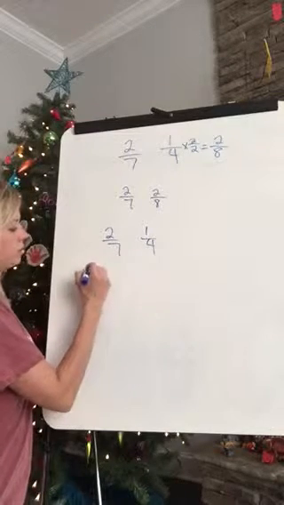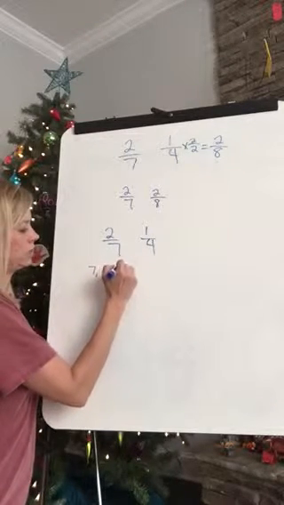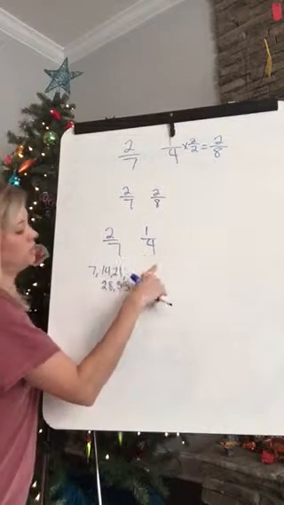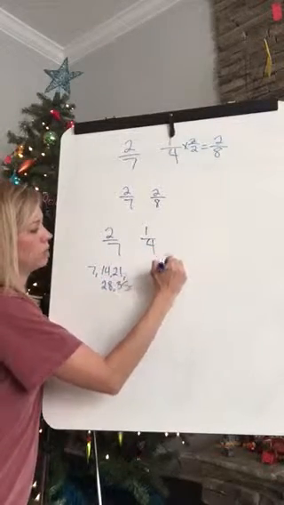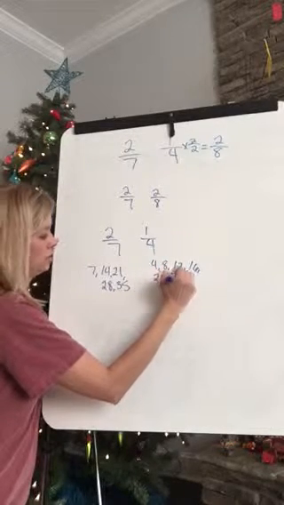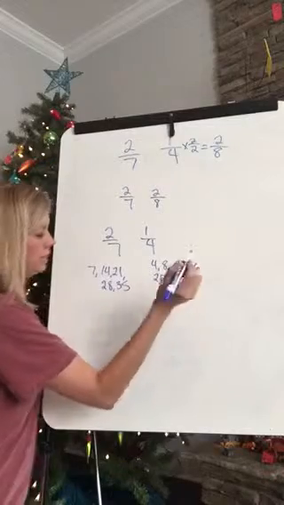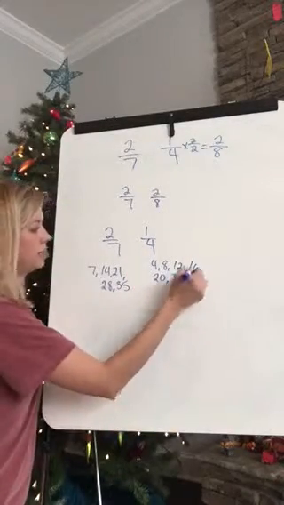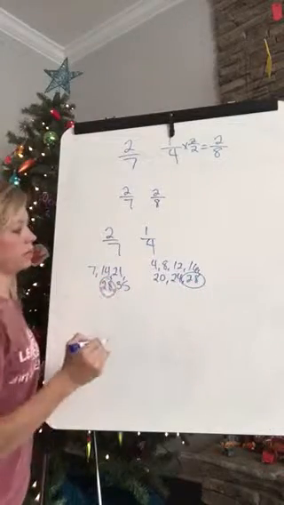The multiples of 7 would be 7, 14, 21, 28, 35. Multiples of 4 would be 4, 8, 12, 16, 20, 24, 28. And I can stop right there because when I look at these, I see 28 and 28.